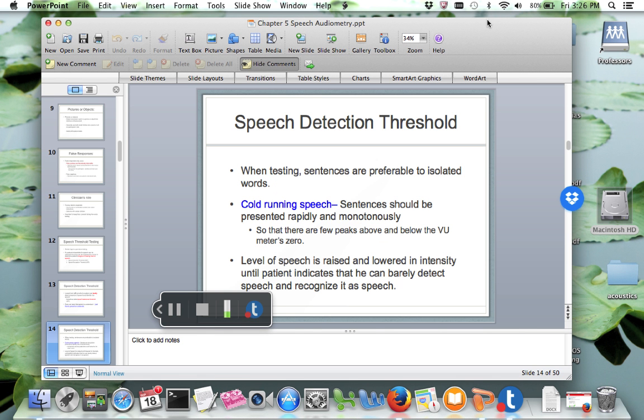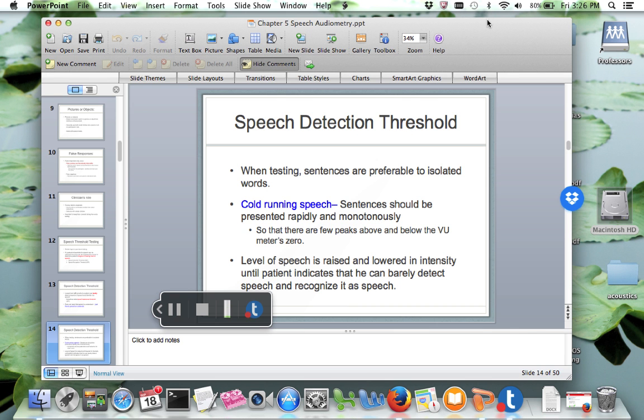To perform speech detection threshold, you're going to read cold running speech. So maybe you're reading a passage from a book, and you're going to start at a level that is definitely below the person's threshold. So you would look to their audiogram, you would look to their pure tone average, and then go below that. The audiologist is just going to start reading the passage, or if it's a standardized CD, the CD will just start reading a passage.